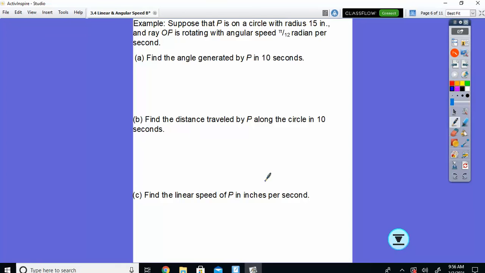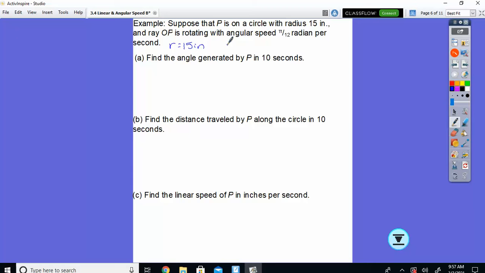So here is our first problem. Suppose P is on a circle with radius 15 inches. I like to write down all my stuff as I get it. So my R is 15 inches. And ray OP is rotating with an angular speed. What variable is angular speed?